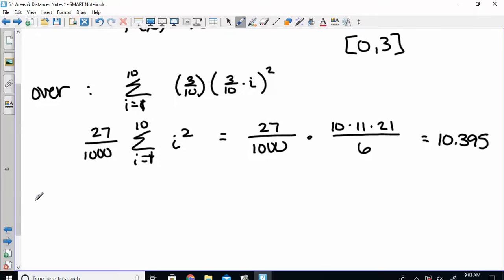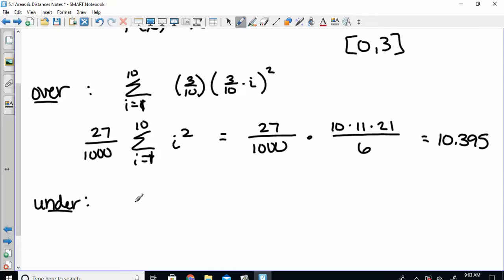Now for our under, we already said we have to start it at 0. But we can't use the formula. So we have to think about when I add in that 0 part, let's just do that on our own. When I add in the 0, if i is 0, what does that whole thing turn out to be? 0. So does that term really change anything? No, but if I start at 0, where do I actually have to end? 9.